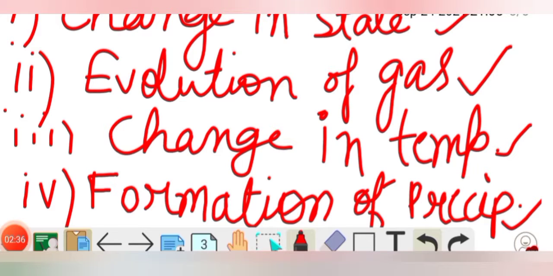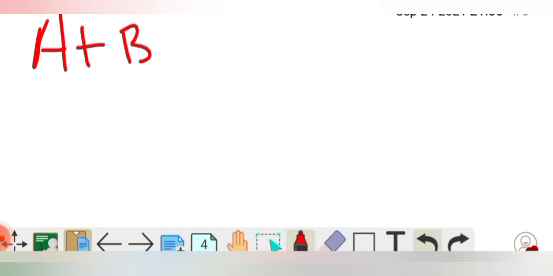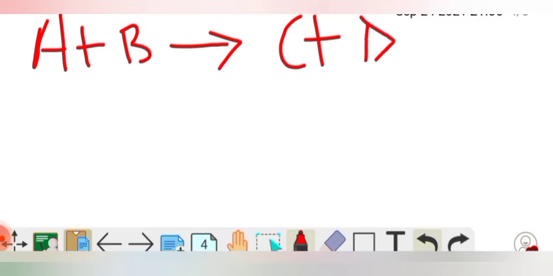Next we will learn what a chemical equation is. If there are symbols and formulas, and reactants and products like A plus B, this is the reactant as I told you previously, and this is the product C plus D. If this is the formation of a reaction, this is a chemical equation.